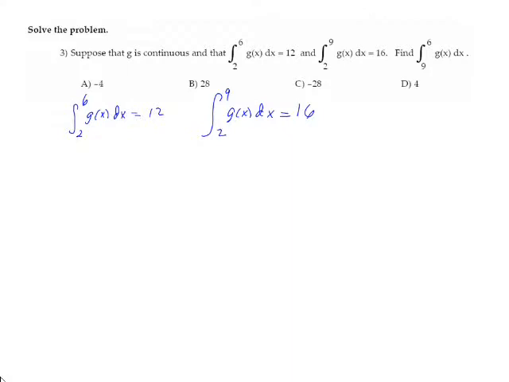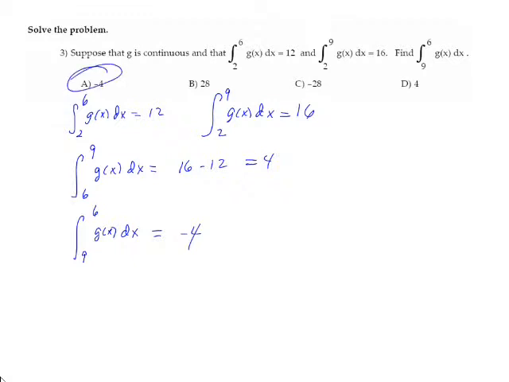And so you can see that the integral from 6 to 9 of g of x dx would be simply 16 minus 12 equals 4. Therefore, the integral from 9 to 6 of g of x dx equals minus 4. So the answer is A, minus 4.